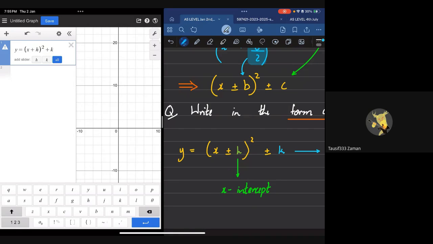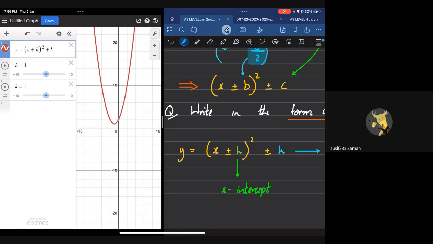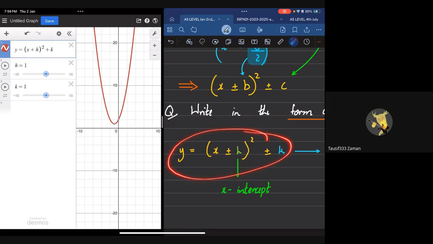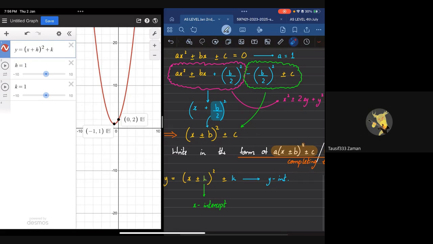Now I've put sliders in. Now we all know that this is a quadratic equation because obviously it's written in the completing the square form. If the values of h and k are both 1, let's just say that, your completing the square form is actually going to tell you the x-coordinate and y-coordinate of your turning point.